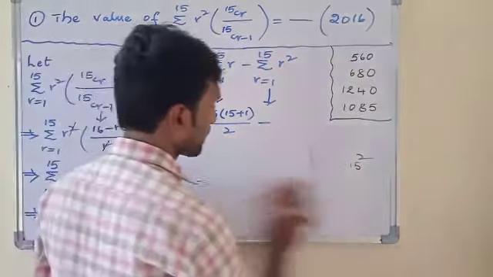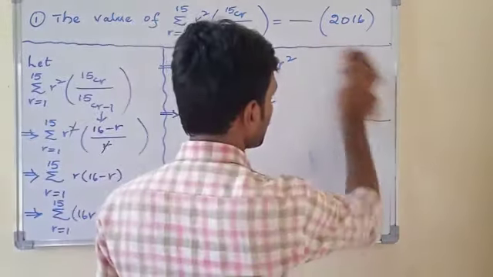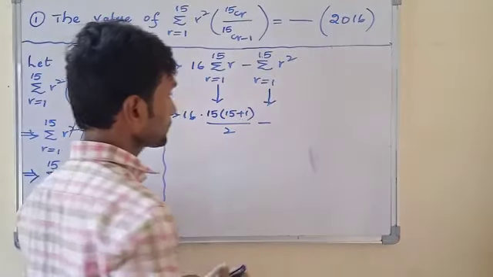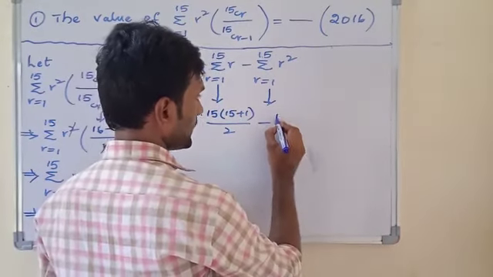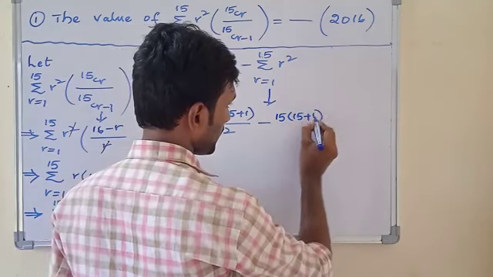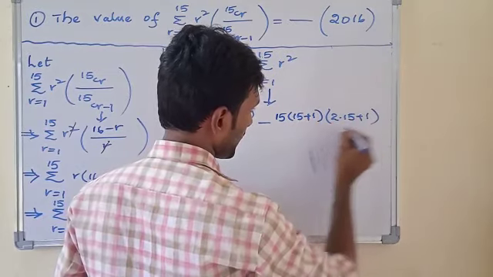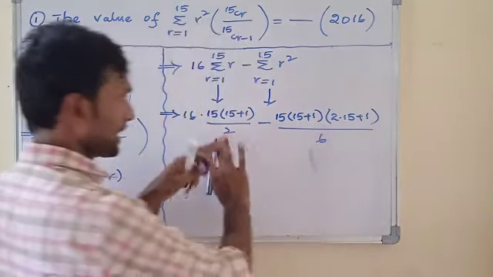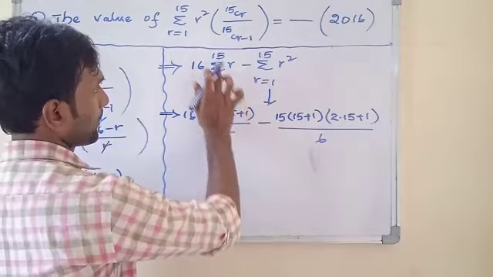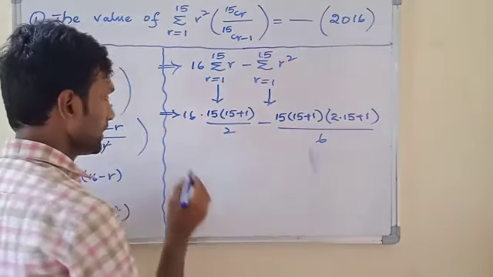So this is the formula of sigma r equals 1 to 15 of r square. See this one. Now write the formula. So these are the standard formulas for sigma r equals 1 to 15 of r and sigma r equals 1 to 15 of r square.